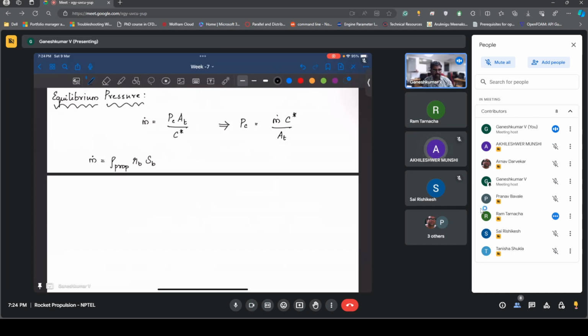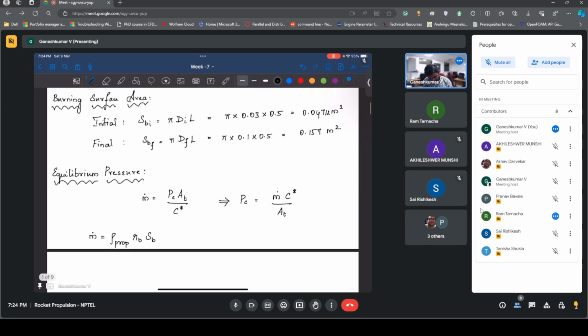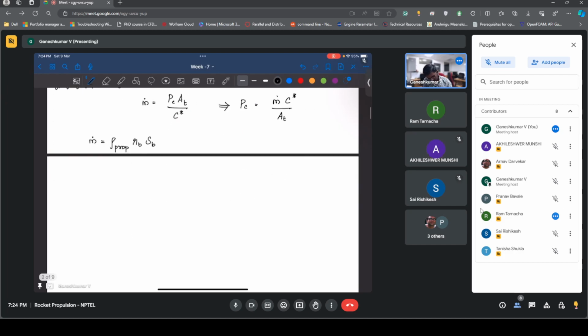This is an instantaneous mass flow rate we are talking about: the burning rate at that instant and the burning surface area at that instant. If we put all these things together, then we get the formula which we are really used to using to solve the problem: C star by A_t.